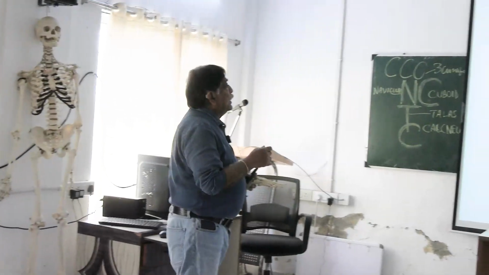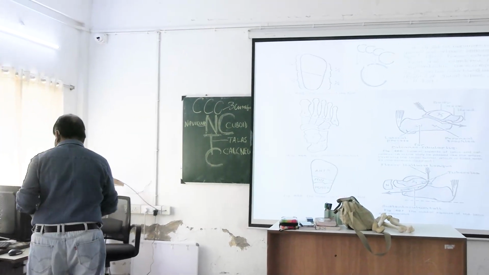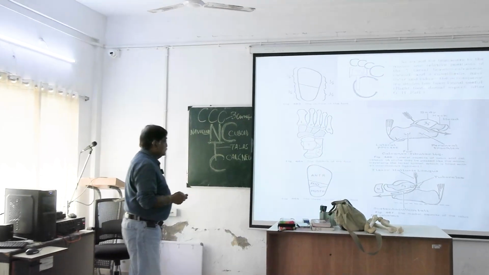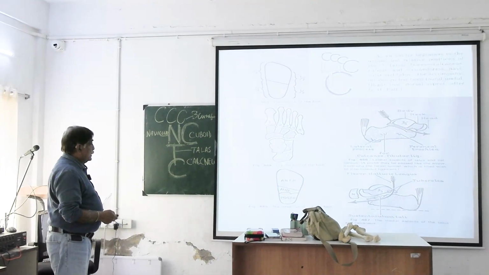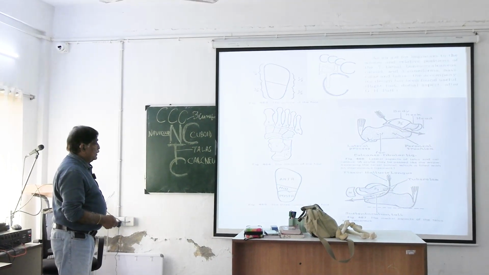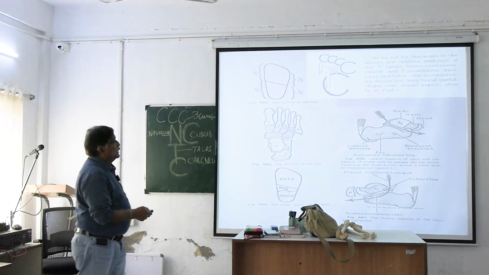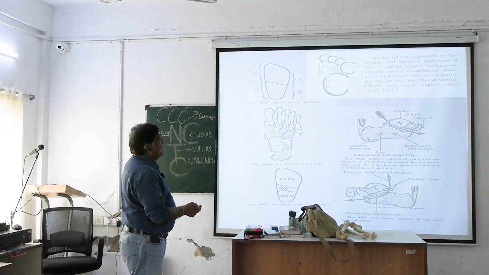Now you see, these are the 3 units of the foot: anterior, mid and posterior. And this is the talus, the body of the talus, 2/3, and neck and head.